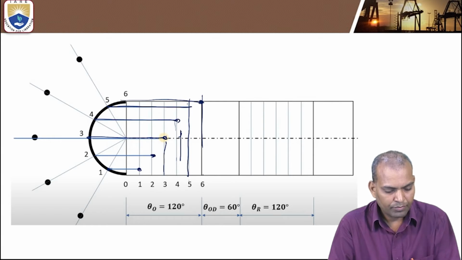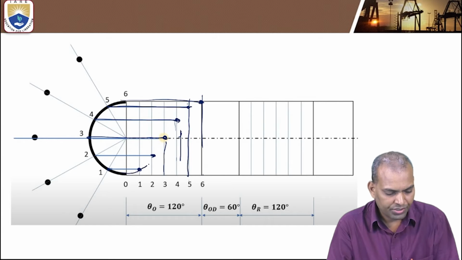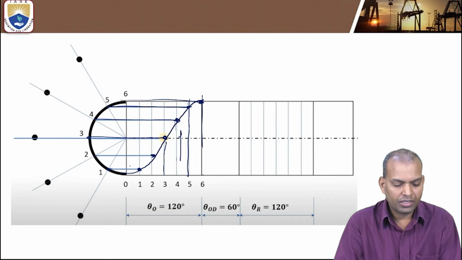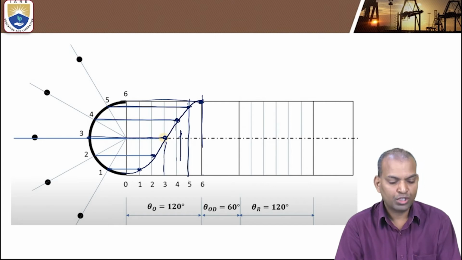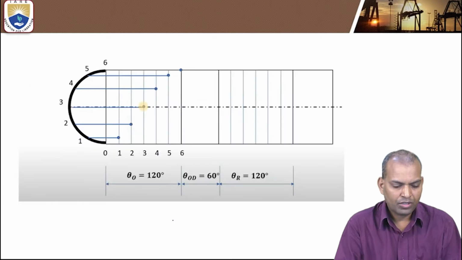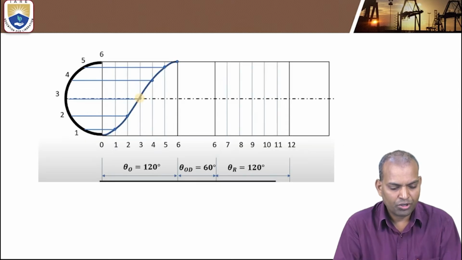Make dots and join all these points. This is the curve, the simple harmonic motion curve during the outward stroke. After joining these dots, join a curve.